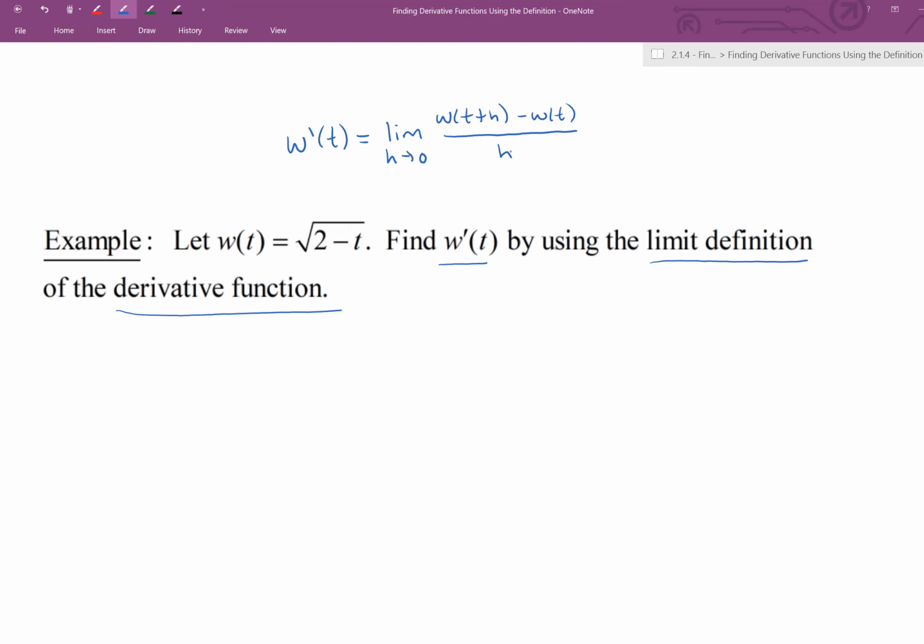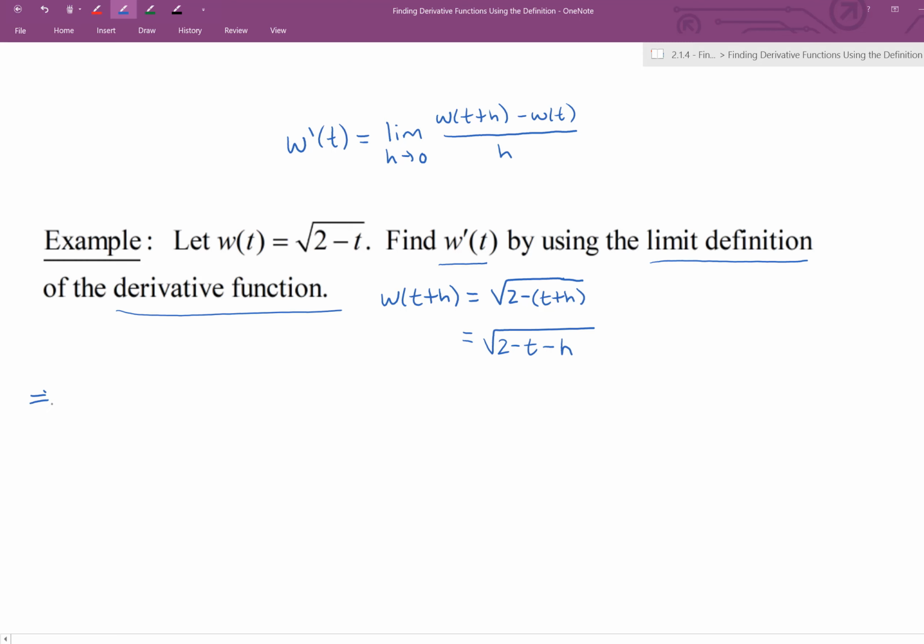So let's figure out what w of t plus h is. We just replace t with t plus h. So we get the square root of 2 minus, now be careful, the quantity t plus h. That minus sign is going to get distributed to both those terms, and we get the square root of 2 minus t minus h, which isn't absolutely necessary, but might as well.